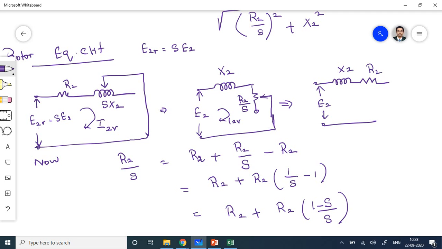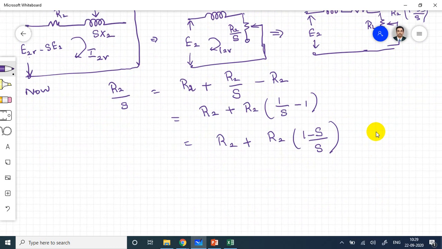This is my first R2, then another R2 will be R2 into (1 minus S) by S. This term, let's call it as load or L. RL is the load resistance.